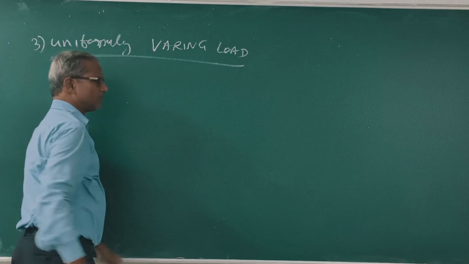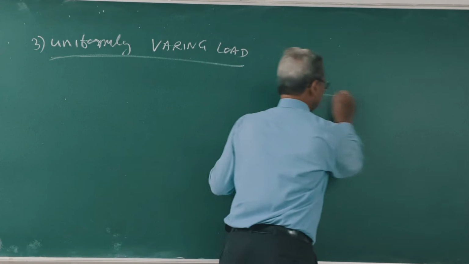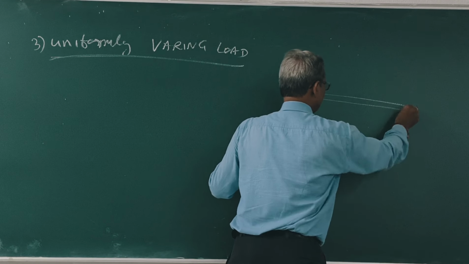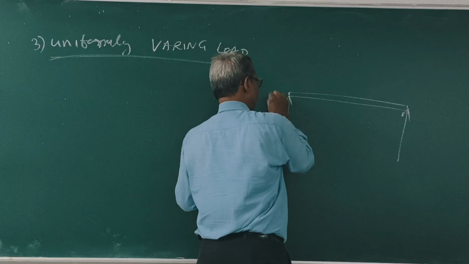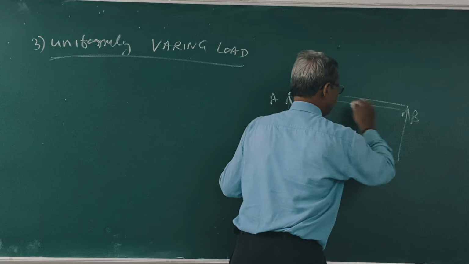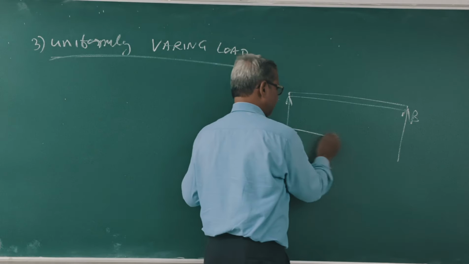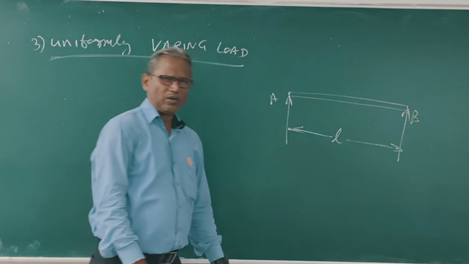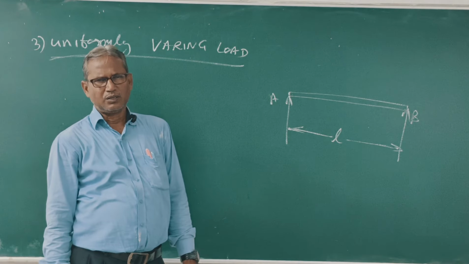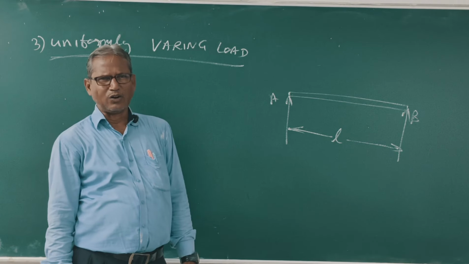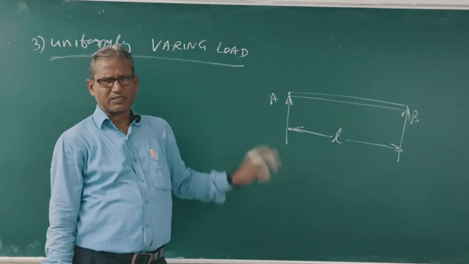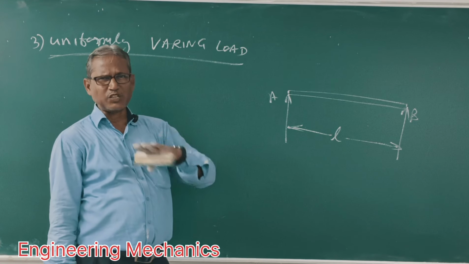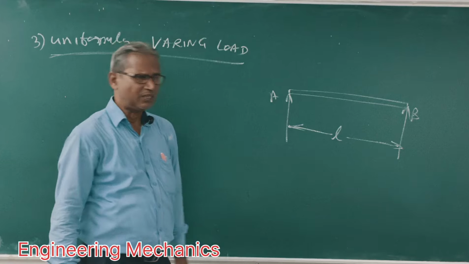Suppose this is beam AB, A, B, length is equal to L. We'll find out how to calculate in this case. In this case, the load varies uniformly, changes uniformly.